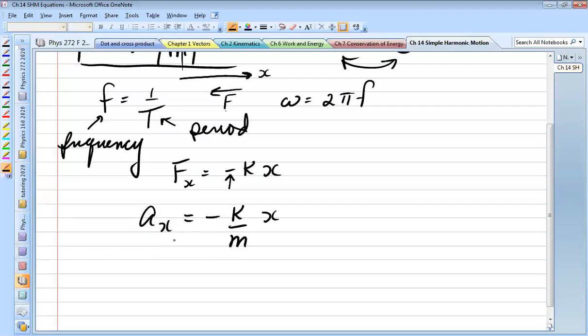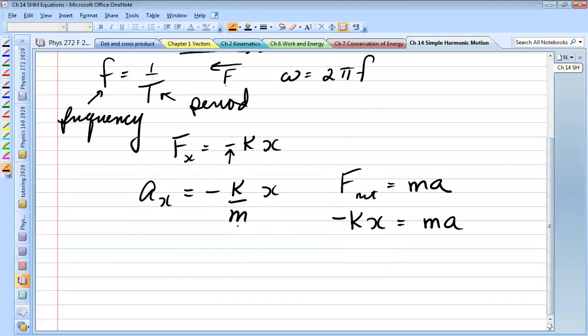Now this just comes from Newton's second law. If F net equals m times a, and the only force is the spring force, that's negative kx, is m times a, well, that's how you get that the acceleration is negative k over m times x.